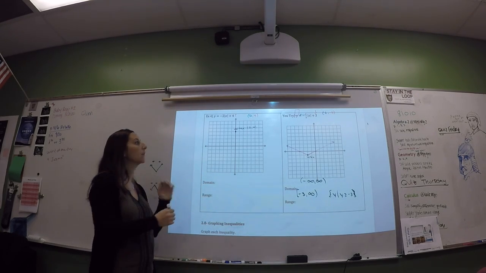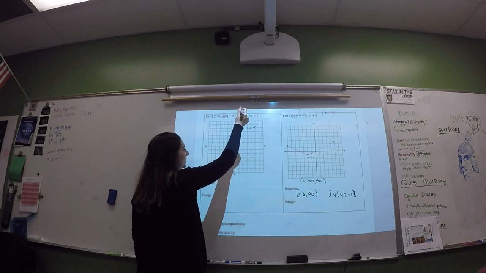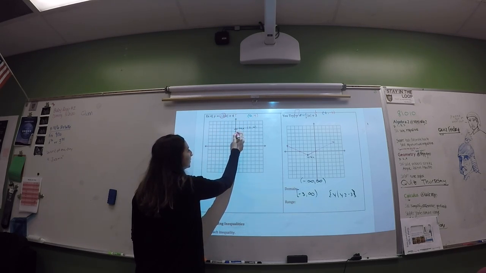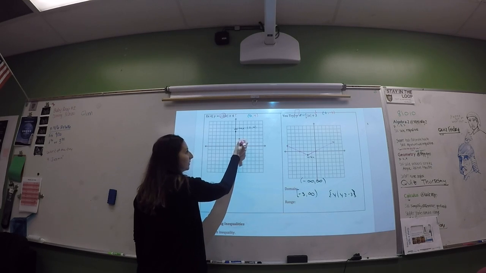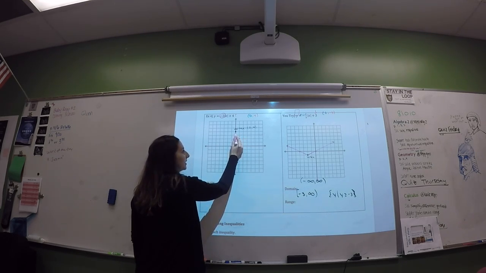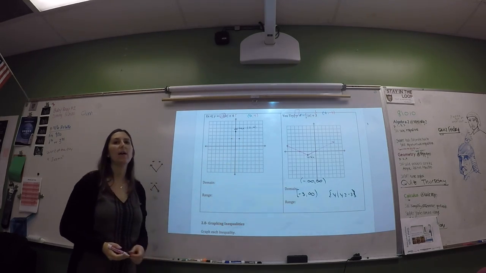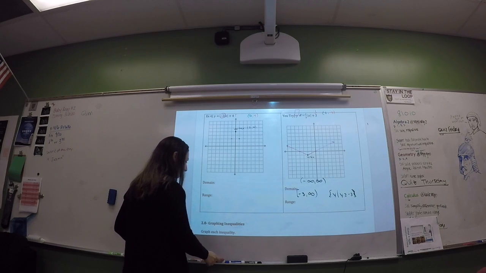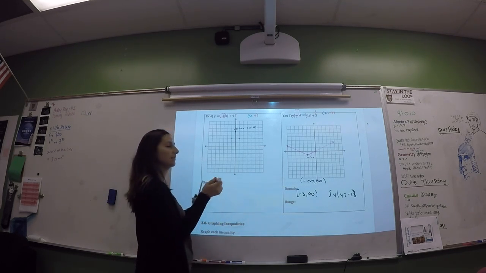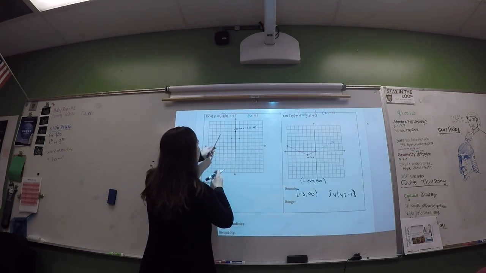So if the slope's -2, go down 2, to the right 1. Then go the opposite: down 2, to the left 1. And that's your graph.